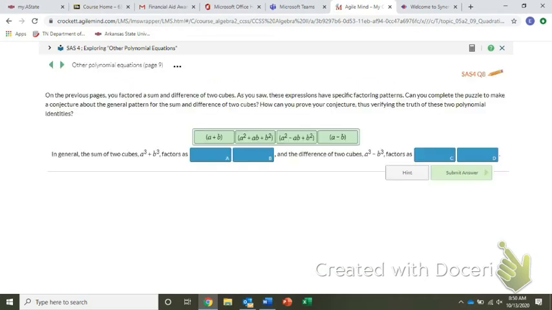And go to page 9 on Agile Mind. You must know these. If you don't know them, you will not be able to do cubic functions. So out beside number 8, you need to write, I have to know these. And they're very easy. You just have to know one thing.